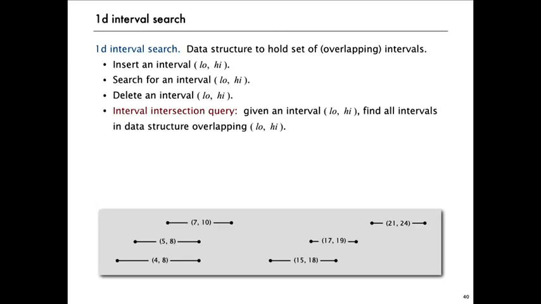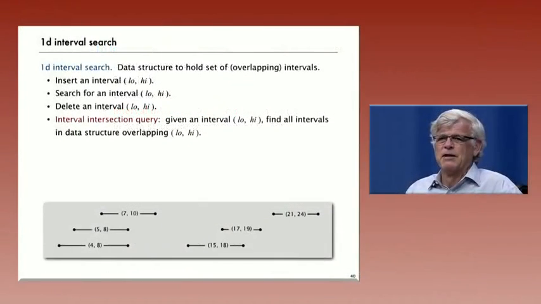We want to be able to insert an interval, search for an interval, delete an interval, but the main thing is we want the interval intersection query. So given a query interval, we want to find all intervals in the data structure that overlap that interval, or find any interval. We'll start with that simpler problem.